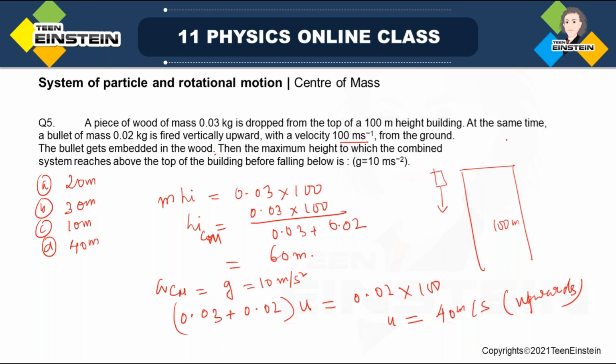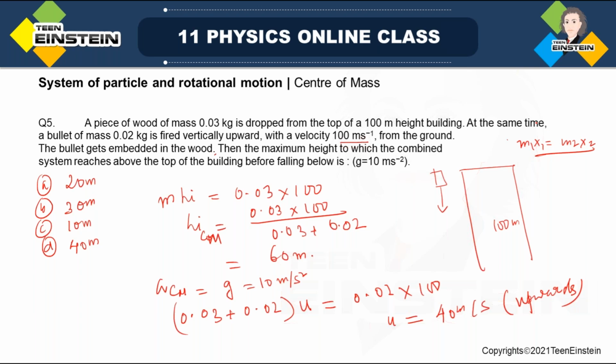So that we can do, because motion of the center of mass, since mass moment will be always like m1 x1 is equal to m2 x2, like that. This whole mass moment concept will always be there.